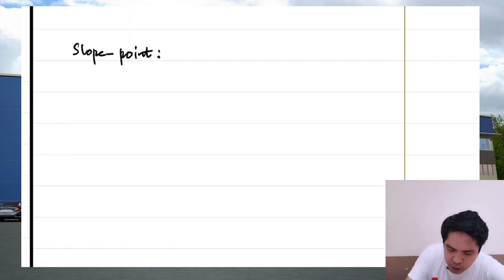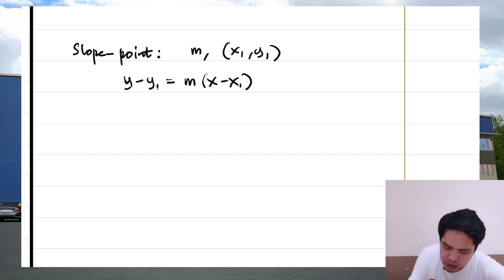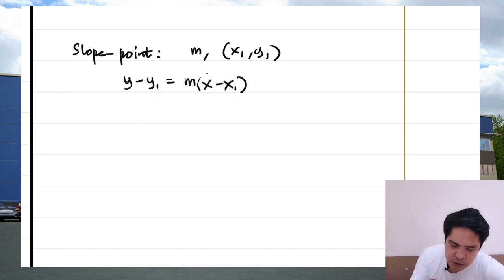If we have the slope and the given point x1, y1, we use the equation y minus y1 equals m times x minus x1. This is just derived from the equation of the slope, change in y over change in x. So this is the point slope form.